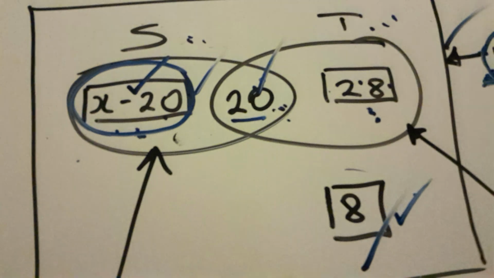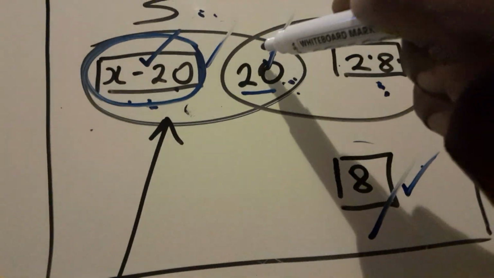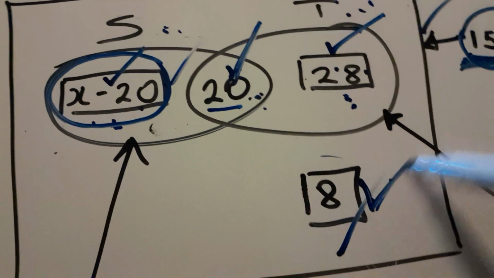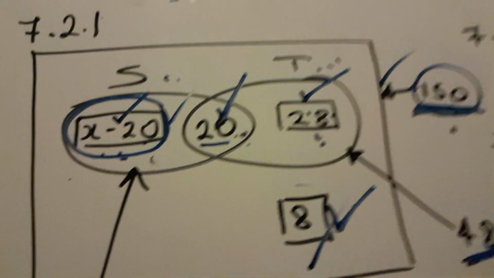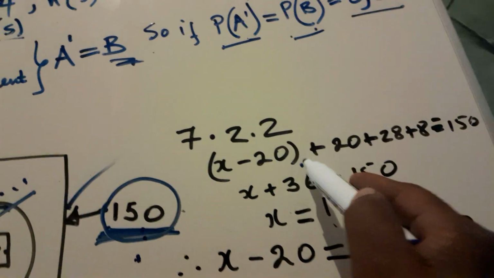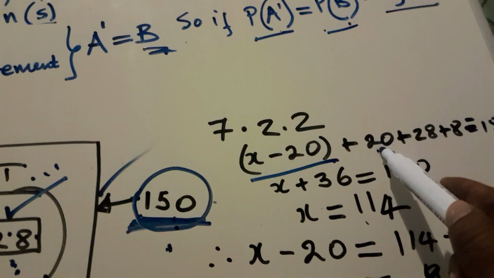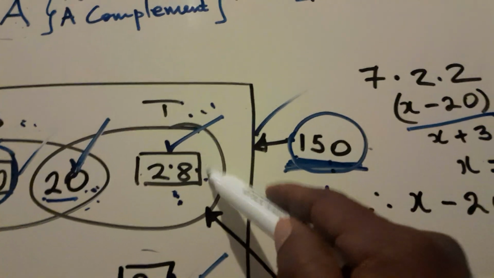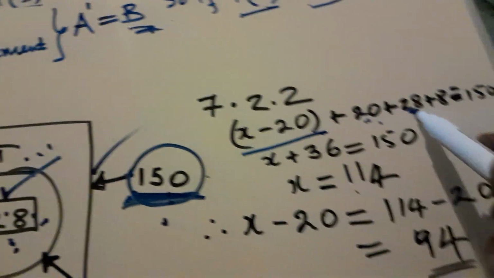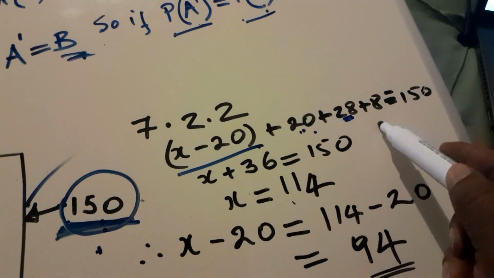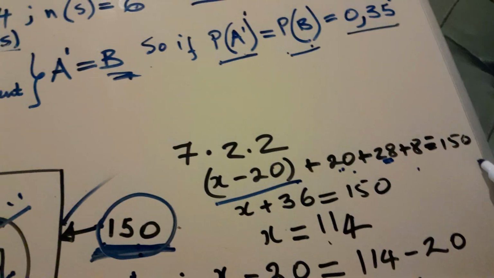You get it from adding the entries here: smartphones only, the intersection, tablets only, and those who don't have any. So I am going to have X minus 20 plus 20 in the intersection plus 28 who own only tablets, then 8 who don't own anything. When I add all those, I get 150.